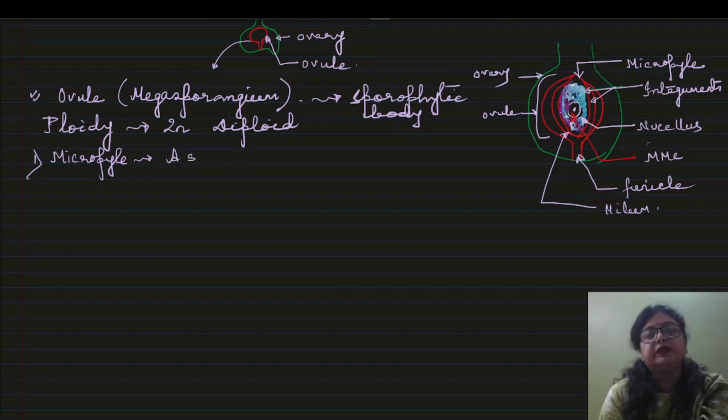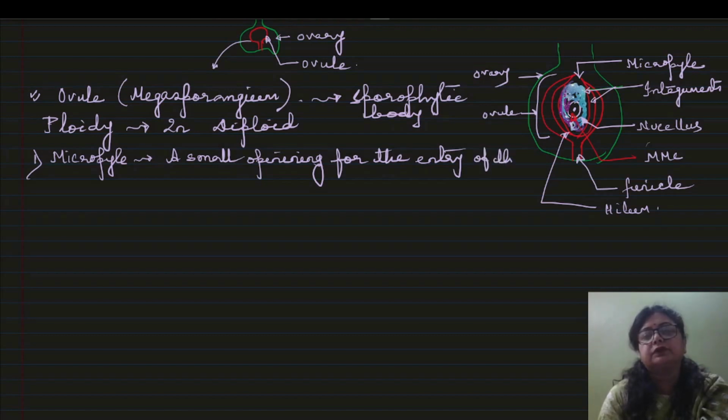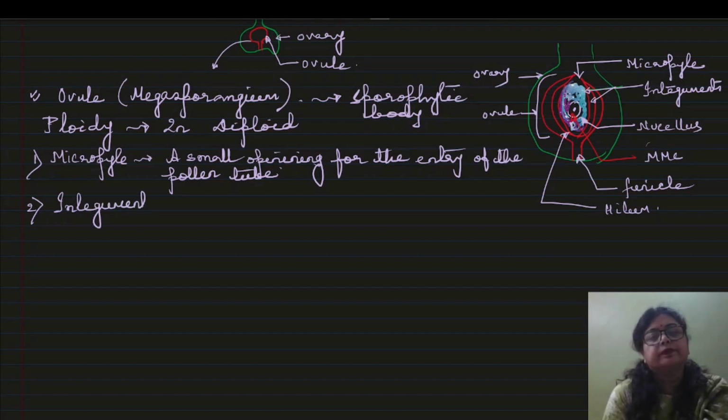A very small opening for the entry of the pollen tube. Number 2, integument: protecting layer.